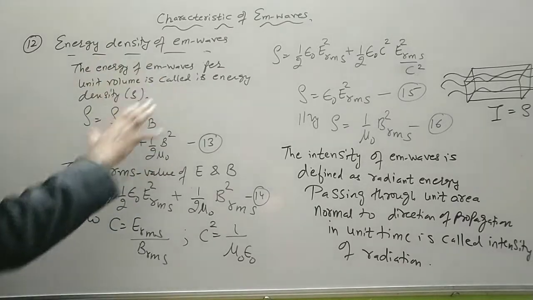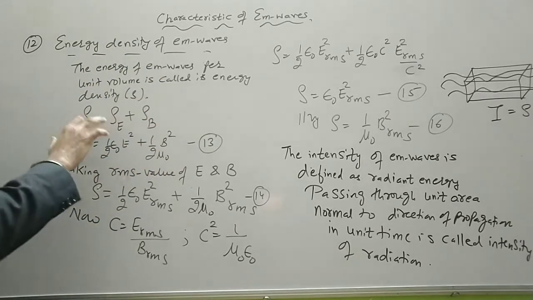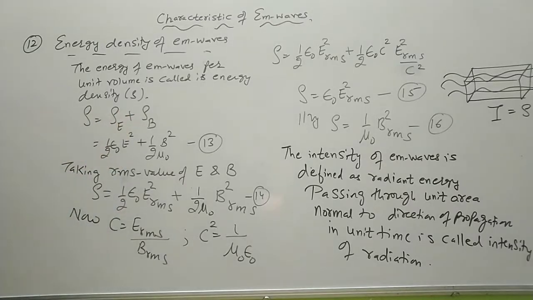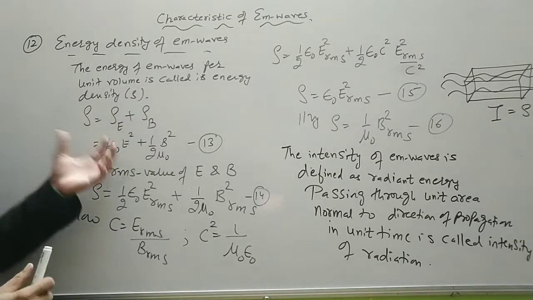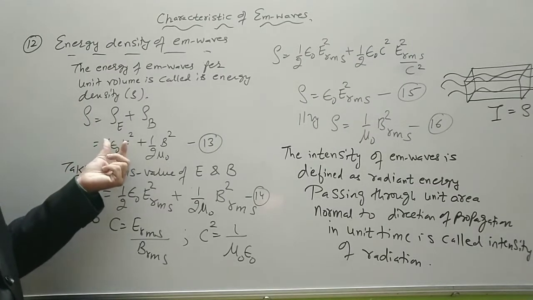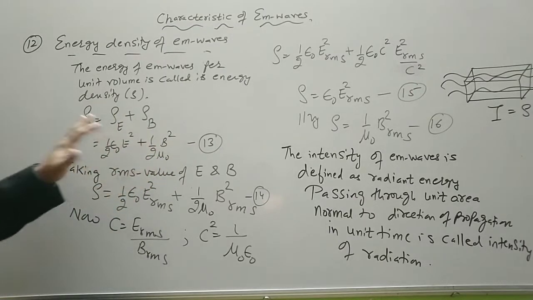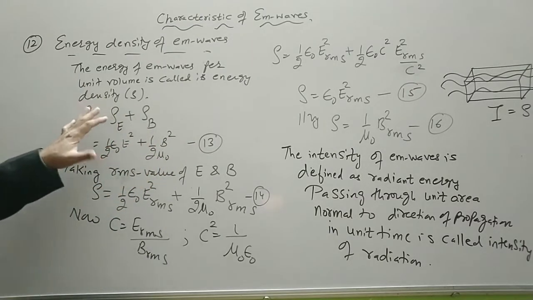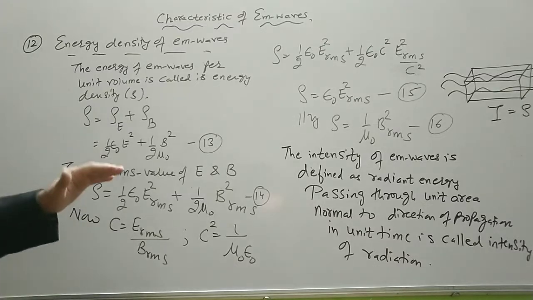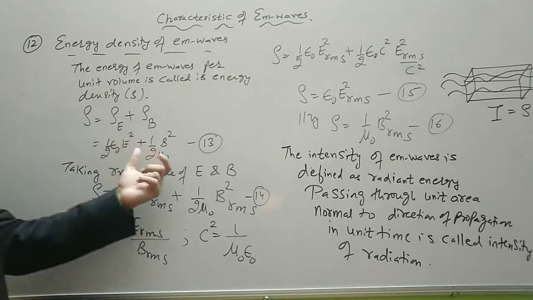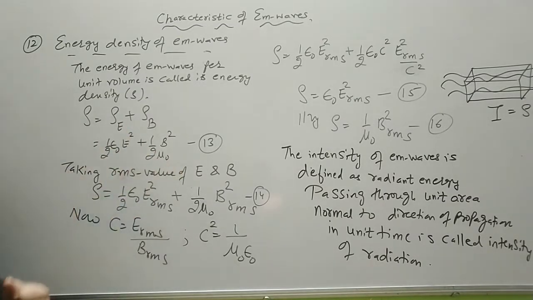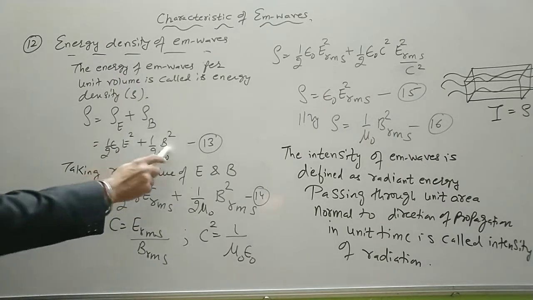So it is the sum of the energy density due to electric field and the energy density due to magnetic field. Now in the capacitor or inductor, the electric field and magnetic field were constant, or we have assumed a fully charged capacitor, or a fully charged inductor where the magnetic field and electric field were constant.